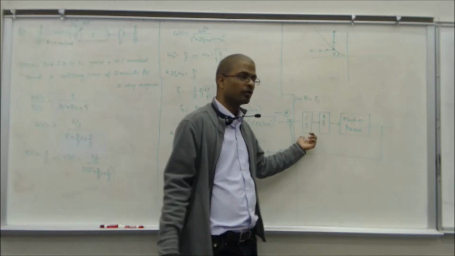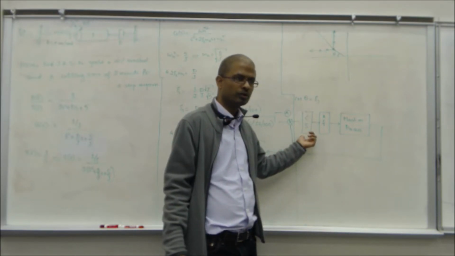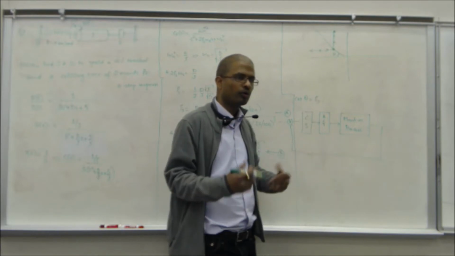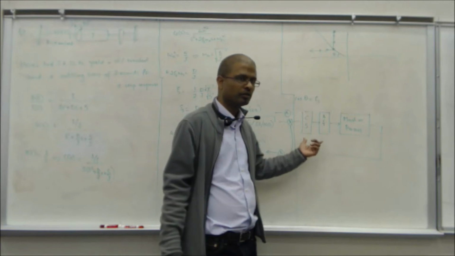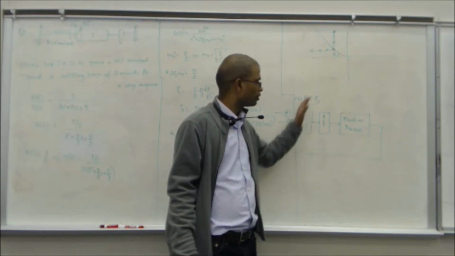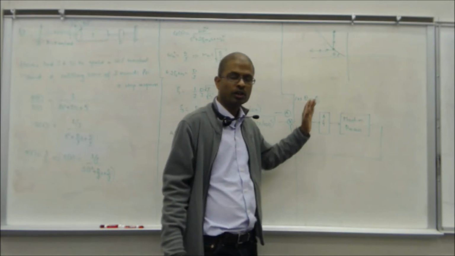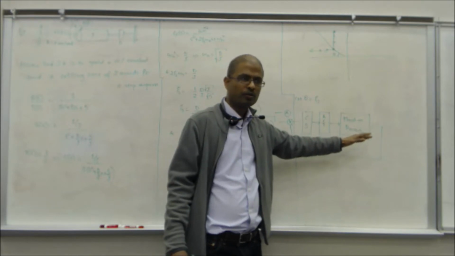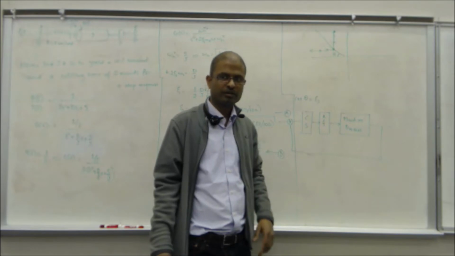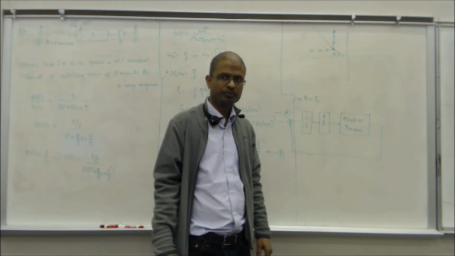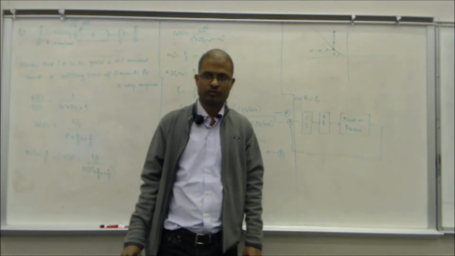Now you bring in a control system, you're adding more poles and zeros, right? You see that? To the whole system. Now you are talking about the response, because the control system itself is embedded in this, right?